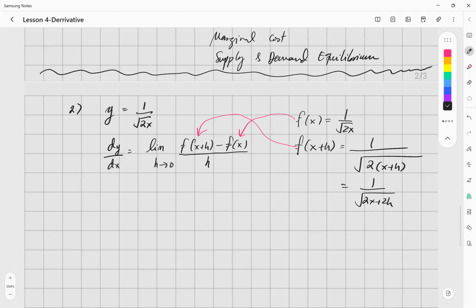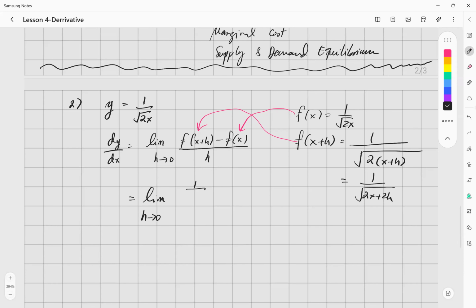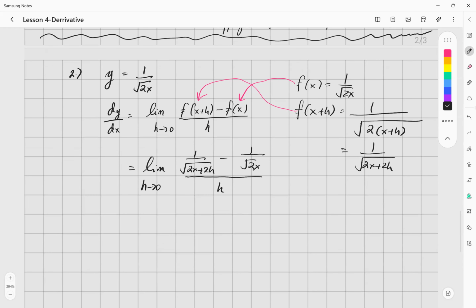Now take the limit as h approaches 0. f of x plus h is 1 over the square root of 2x plus 2h, minus f of x, which is simply 1 over the square root of 2x, and you divide that by h. Now let's take the common denominator.